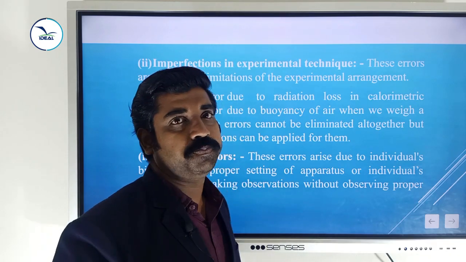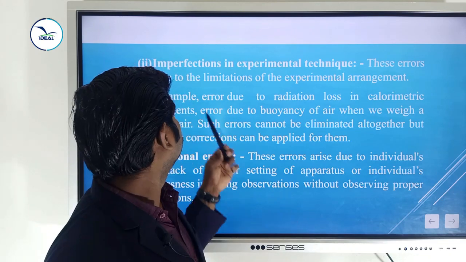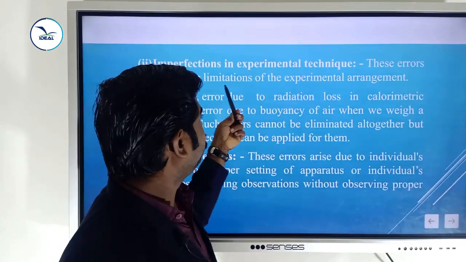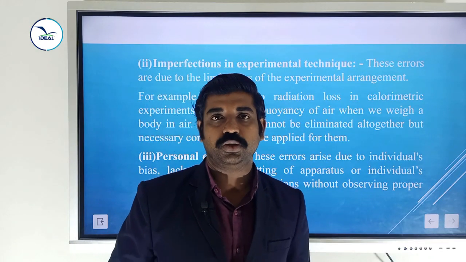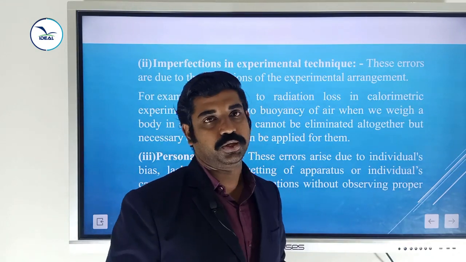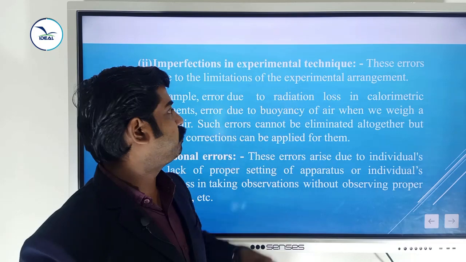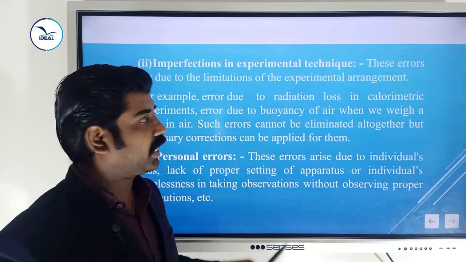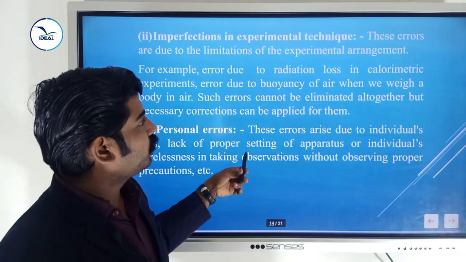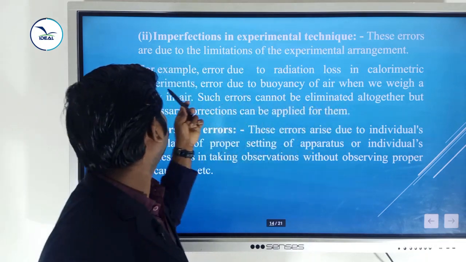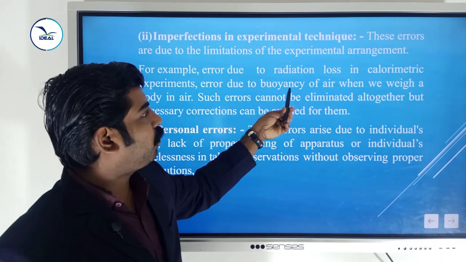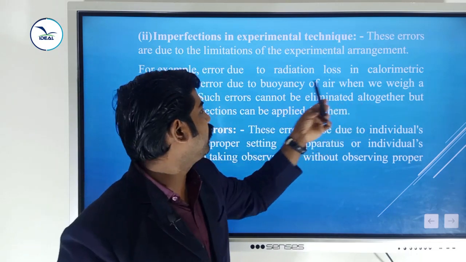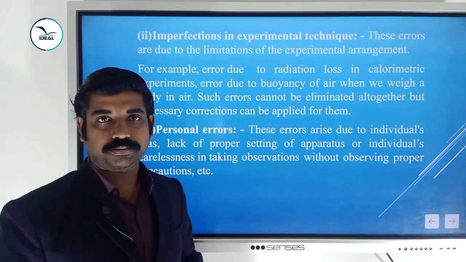Imperfection in experimental technique. This error is due to the limitation of the experimental arrangement. We can consider examples: error due to the radiation loss in calorimetric experiments, and error due to the buoyancy of air when we weigh a body in air.